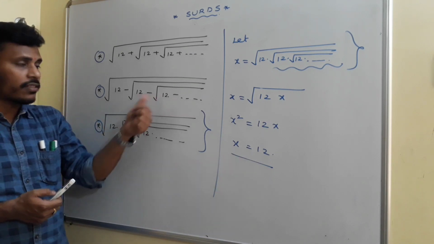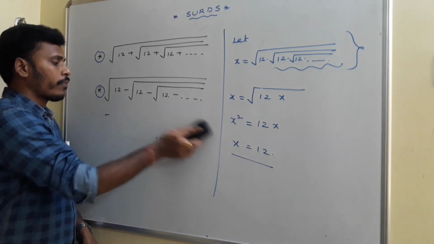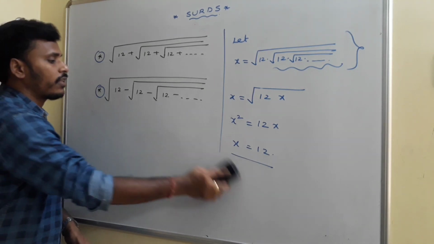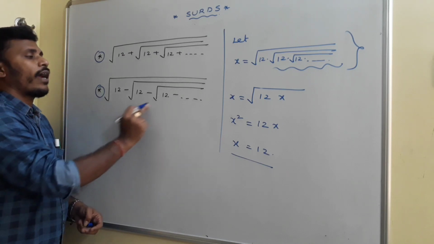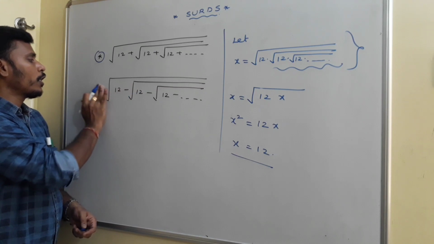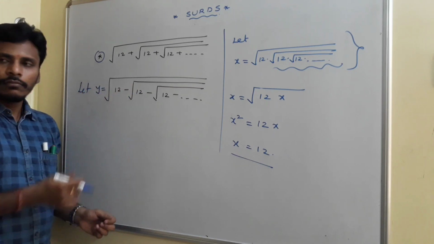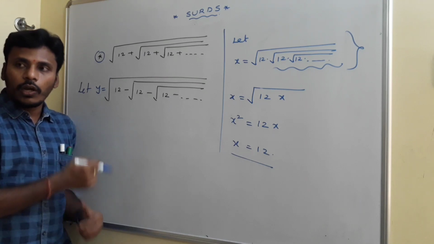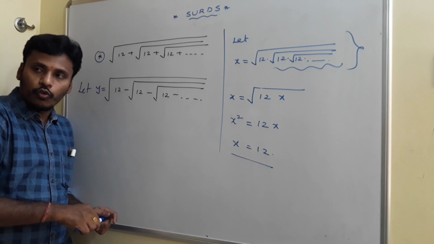Now if I wish to solve the second one, I need to find the simplified value of this problem. Again, to solve this problem, you just let it be some y. Since we took it as x there, now take it as y. Again, there are infinite number of square roots with root 12s.